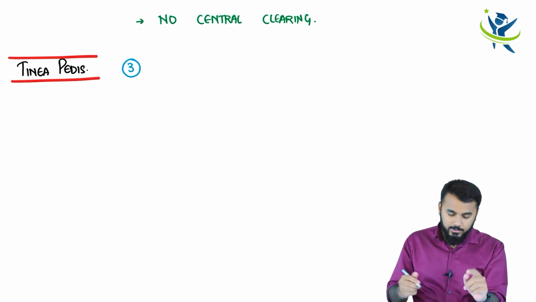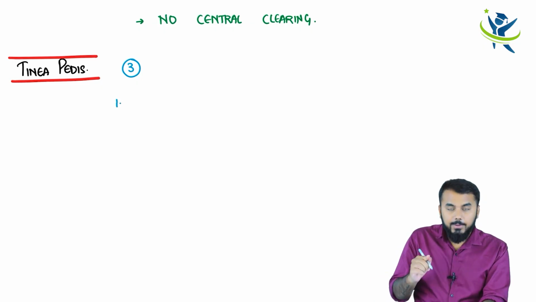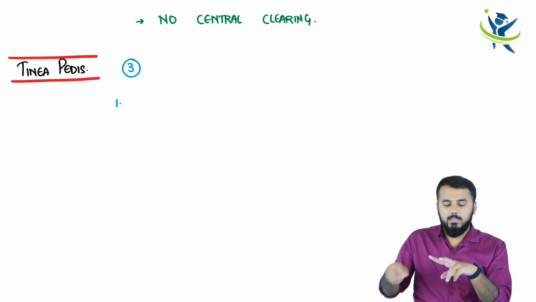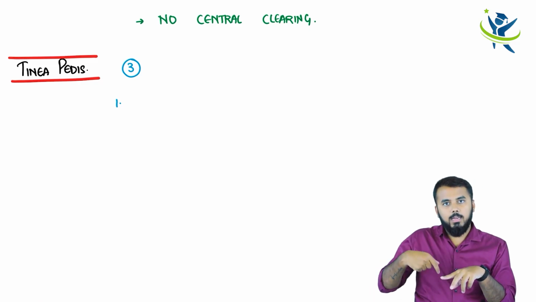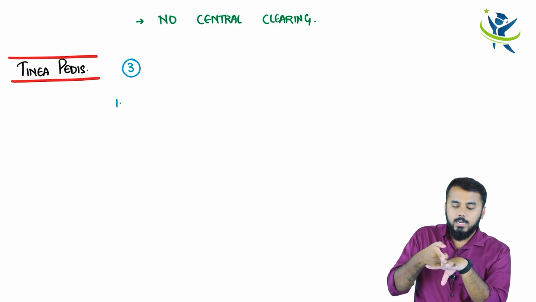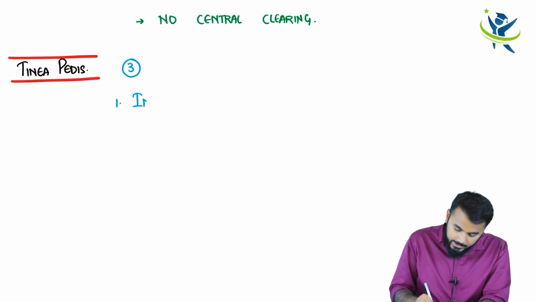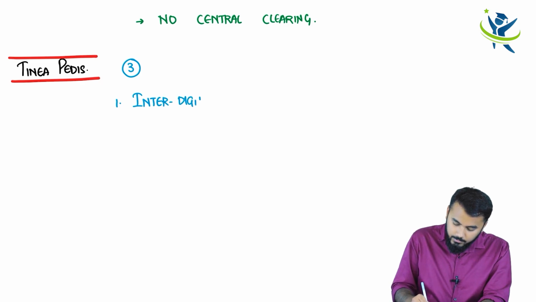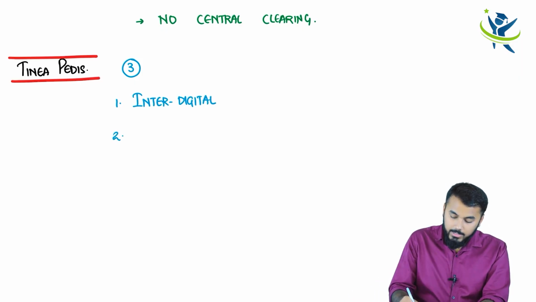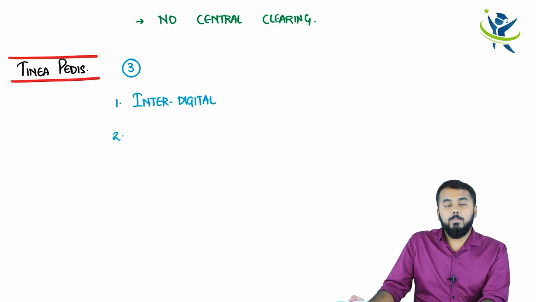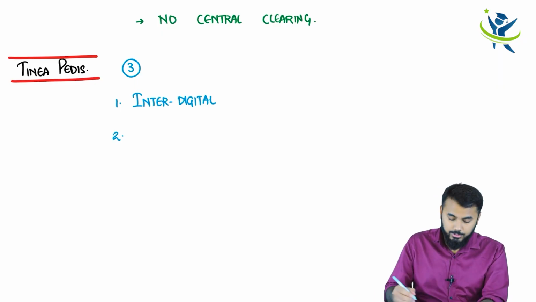The first important thing is that Tinea pedis can affect between the toes, I mean the feet, not the hand, okay? So this is called interdigital. Second, Tinea pedis can also be of moccasin distribution.